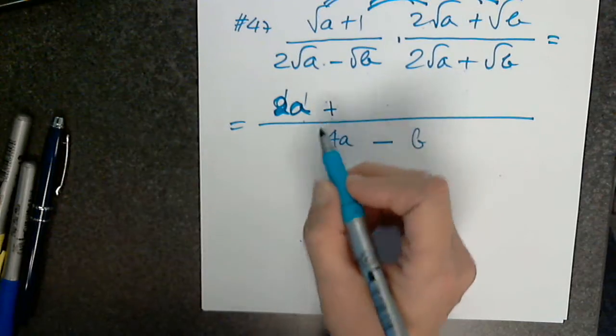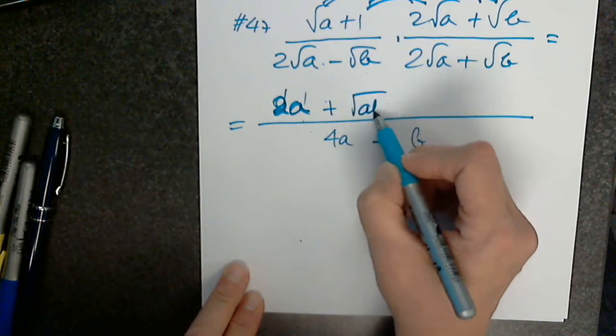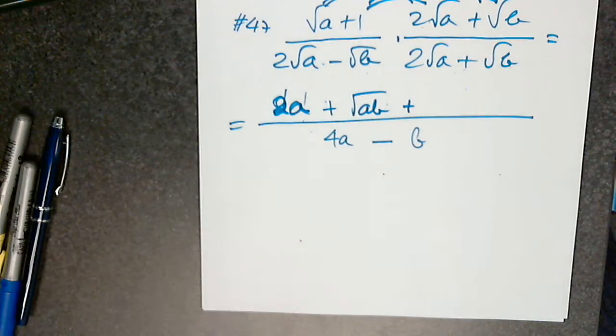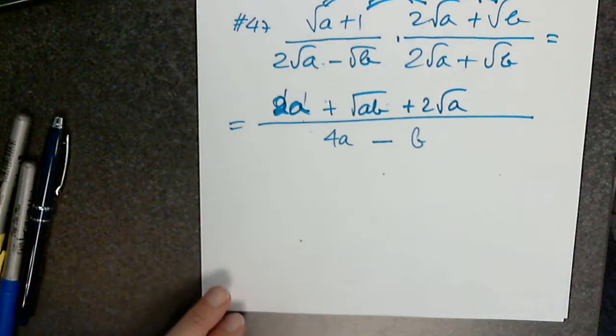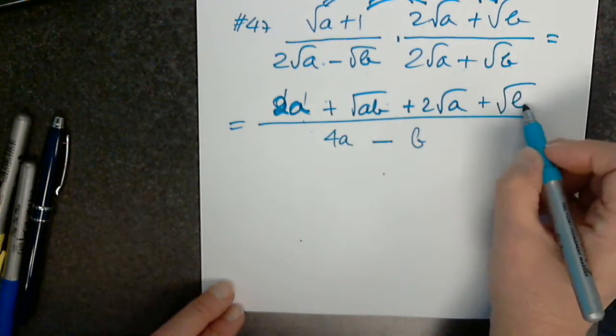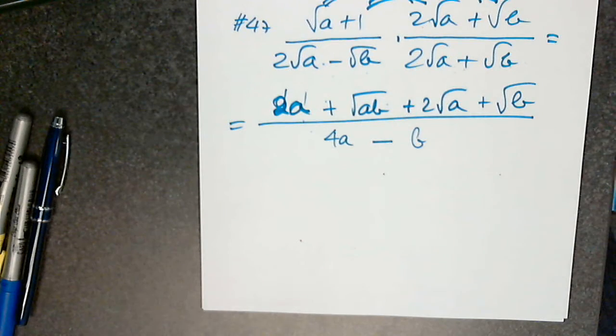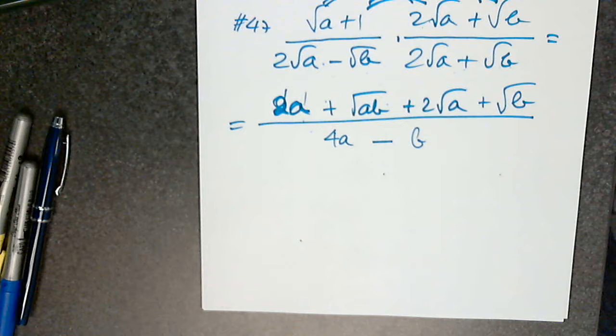So then plus square root of ab. Excellent. Plus, very good, plus, that's it. Are there like radicals at the top? No. Very good. This is it.